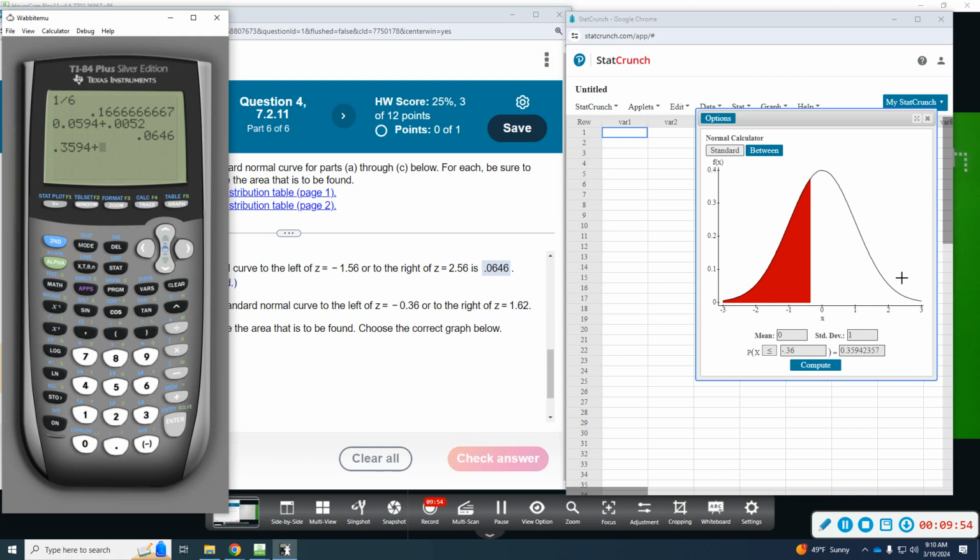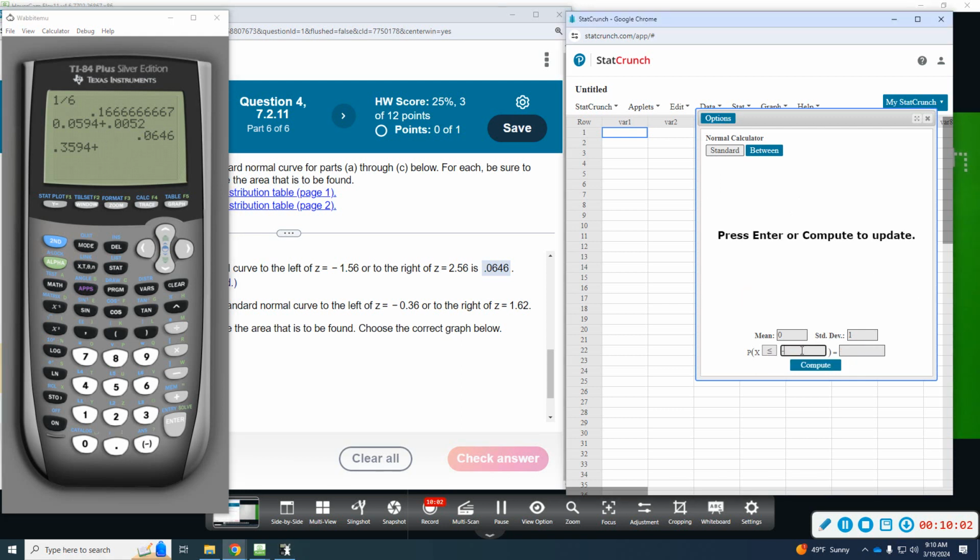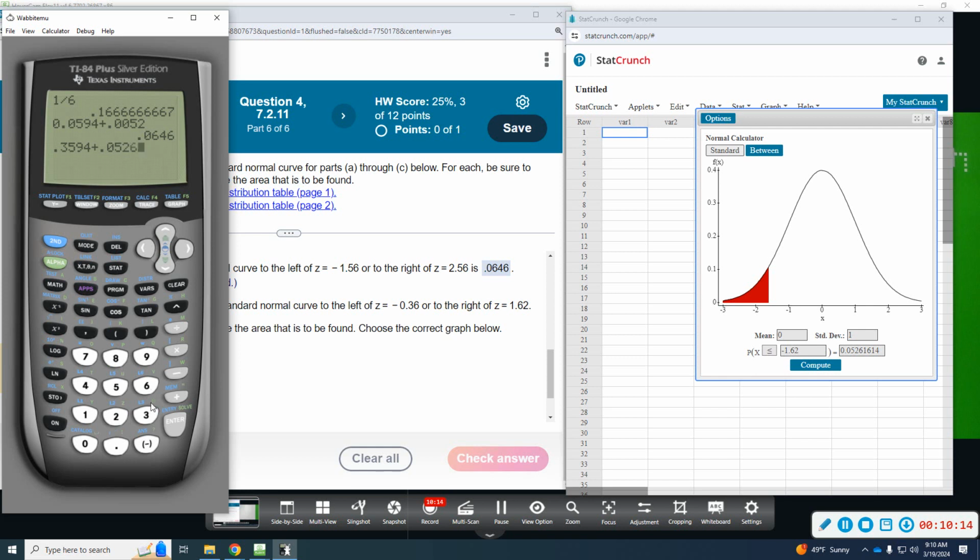So remember, the right, I can just do the opposite. So type in the negative 1.62, so I don't have to flip that around. And that gives me 0.0526. So that gives me 0.412.